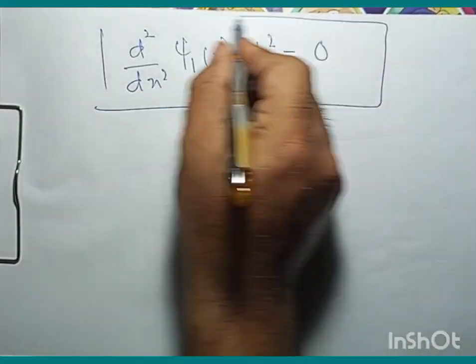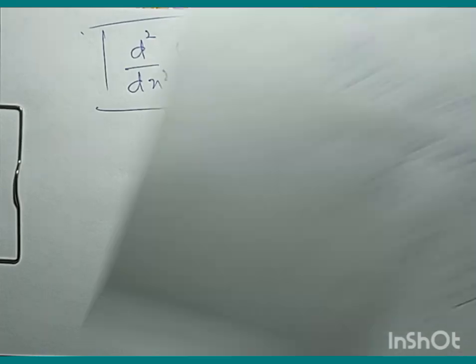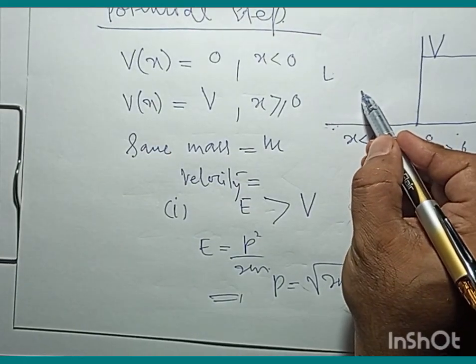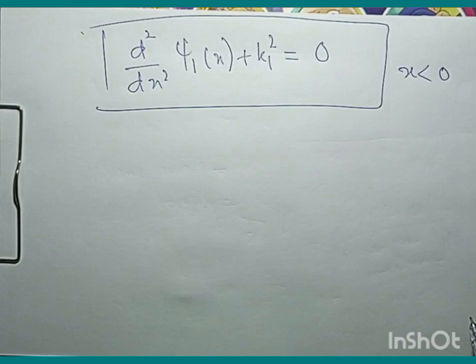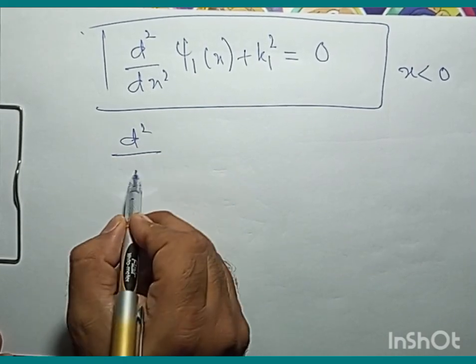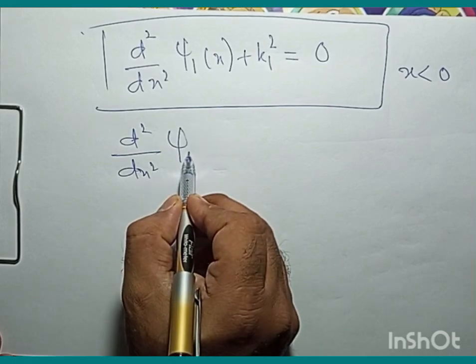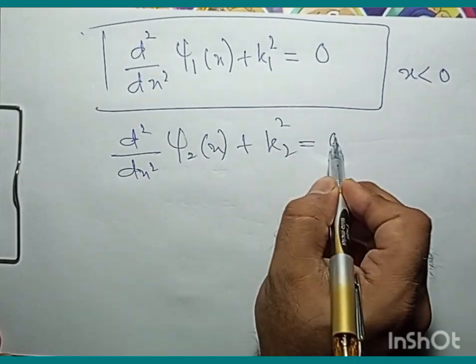So this will be our first equation, and this will be for the region x less than 0. So we're talking about this part of the region. And in the other part of the region, we will have a different situation. We will have Schrodinger's equation as d2 by dx2 of psi 2 of x plus k2 square psi 2 equal to 0.